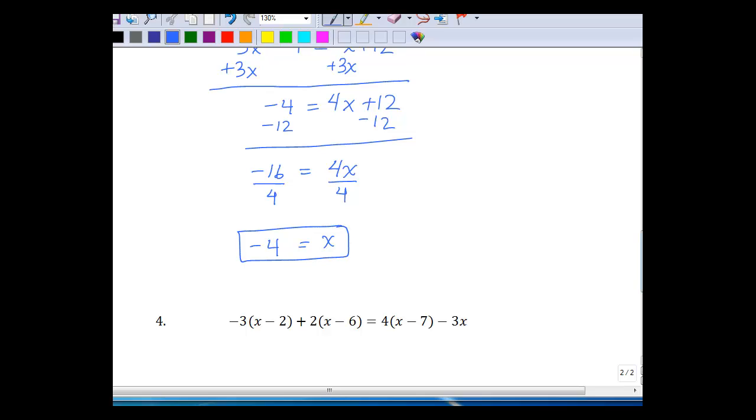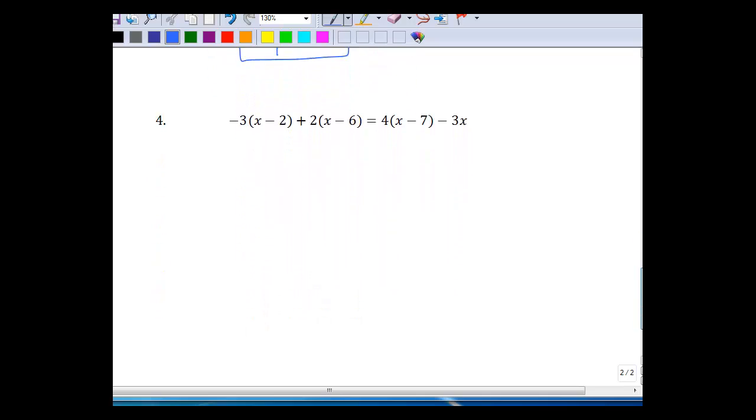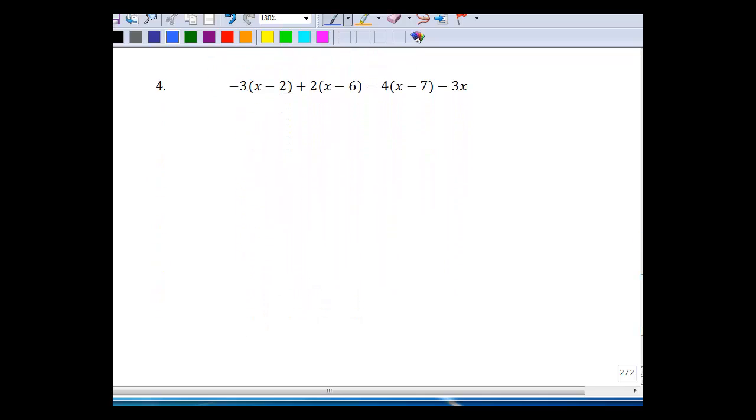All right, let's finish up with this doozy here at the end. That's pretty complicated, but again, we're going to just practice our simplification skills first. So ignoring what's on the right side, on this left side I have all these parentheses. So I'm going to distribute to get rid of my parentheses. This is negative 3x.